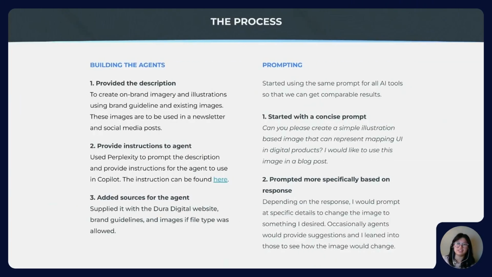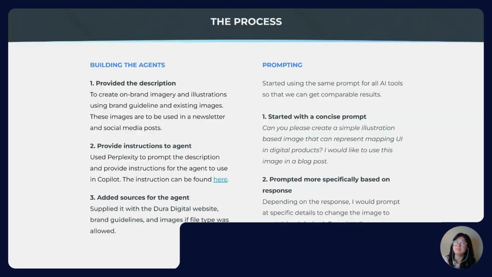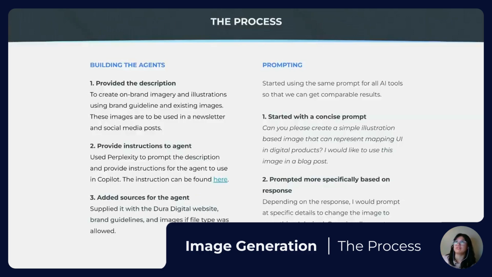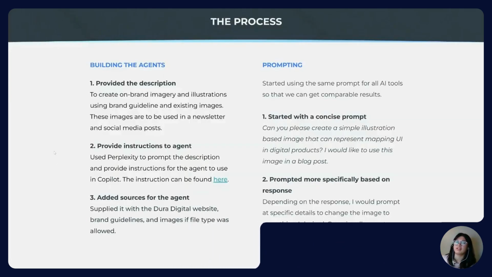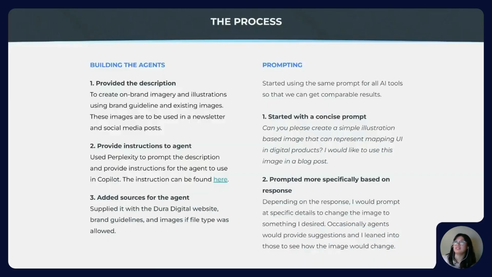I built an agent for each of them when possible. First I provided just a brief description: I'm using this for making a brand guideline, and we want to make illustrations for newsletters, and so on. But then I provided deeper instructions, which I used Perplexity to help me generate a prompt for.